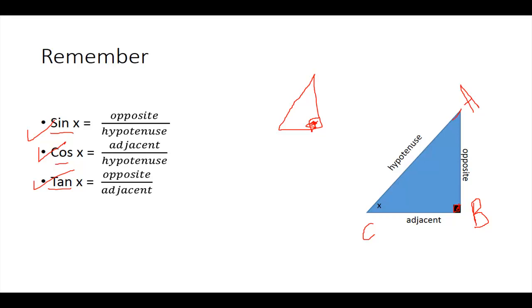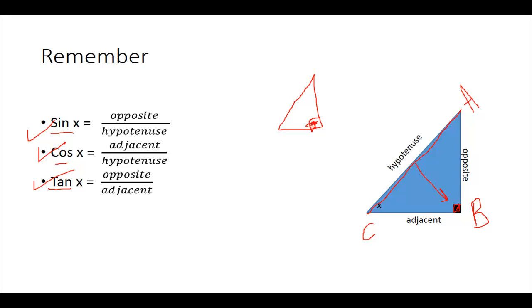The hypotenuse is the longest side of the triangle, which is AC. Why is it called the hypotenuse side? Because it's opposite to the right angle.